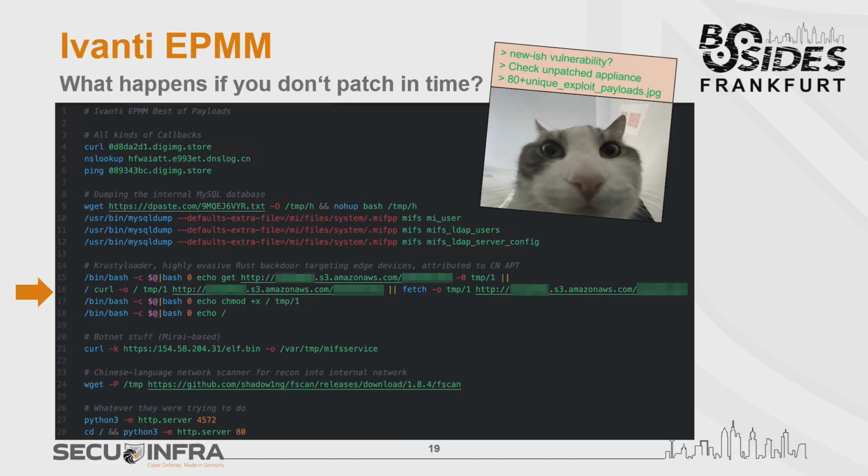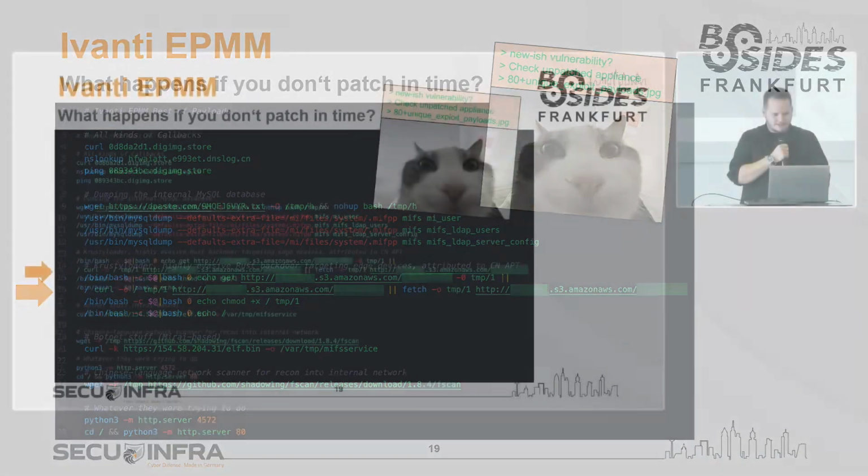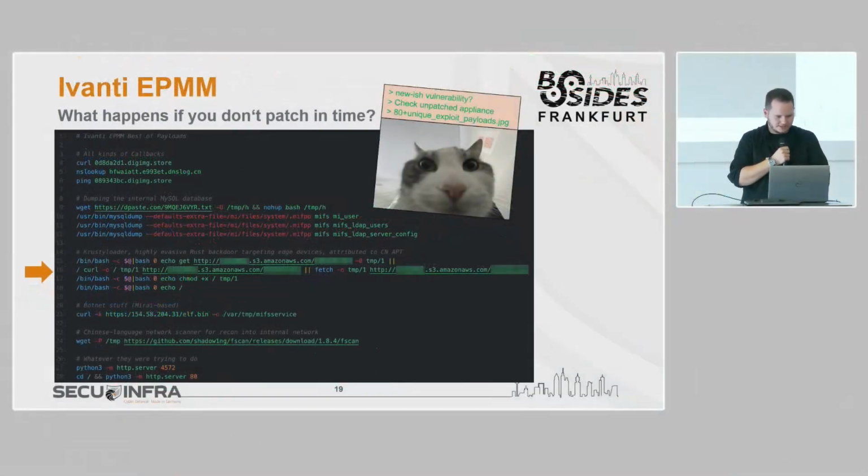We also saw some Krusty Loader payloads. Krusty Loader, if you are not familiar, is a highly evasive Rust backdoor targeting edge devices, for example Ivanti, but also those of other manufacturers, and is generally attributed to the China Nexus APT realm.